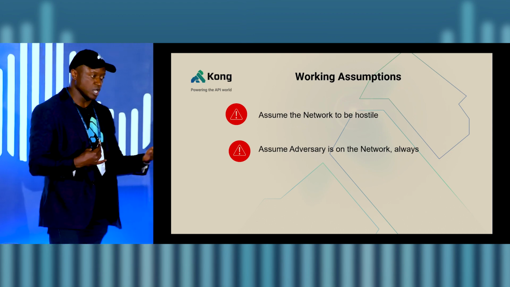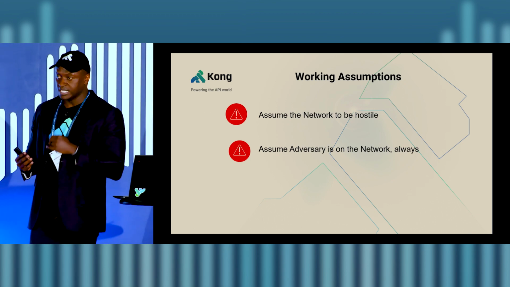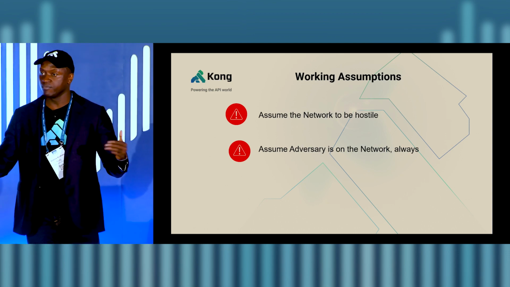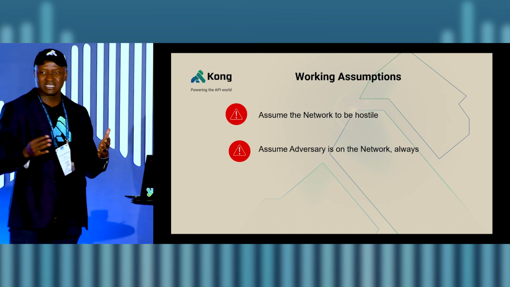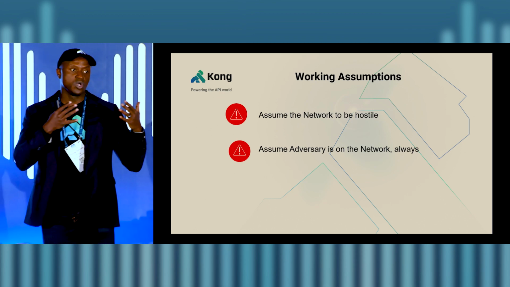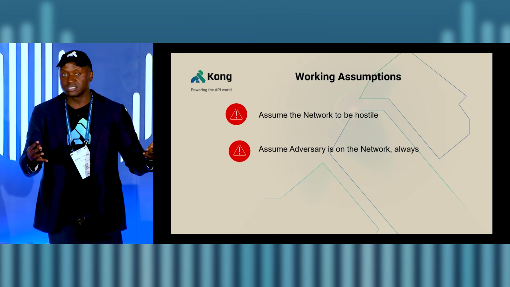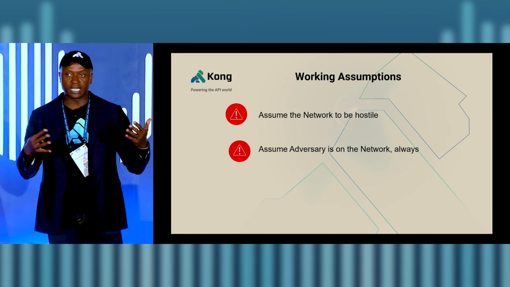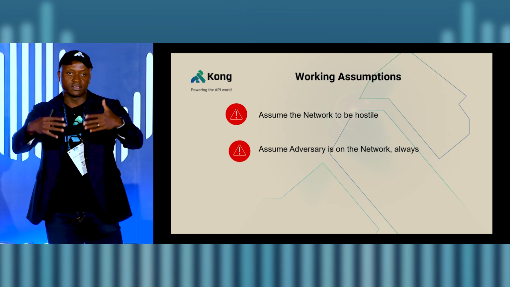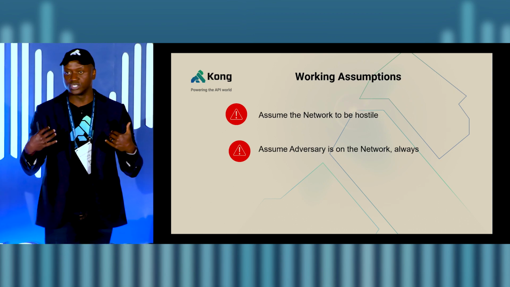And the two working assumptions are, we assume the network to be hostile at all times, right? And the second one is that we assume that the adversary is on the network at every time, right? And this may seem like common sense, but typically this is not what you find in a lot of organizations that were typically defending monoliths, because typically you had a firewall and some bespoke entity that sat at the edge of your perimeter, and that firewall allowed in access to your applications.